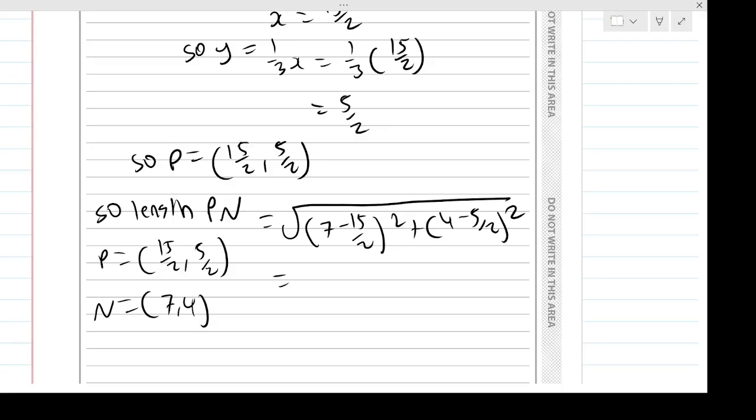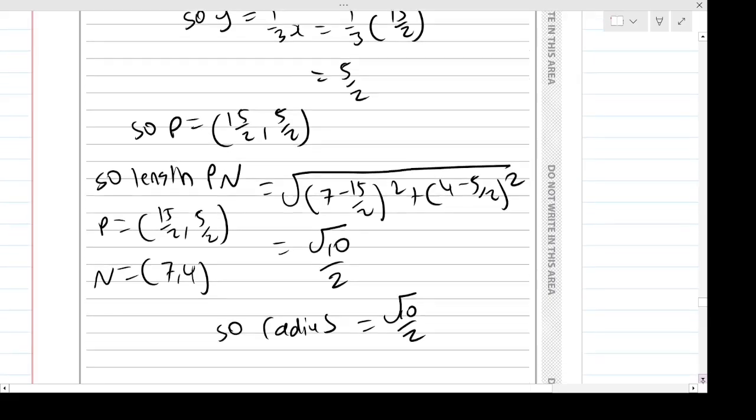If I put that in the calculator, that would be root 10 over 2. So the radius is equal to root 10 over 2.